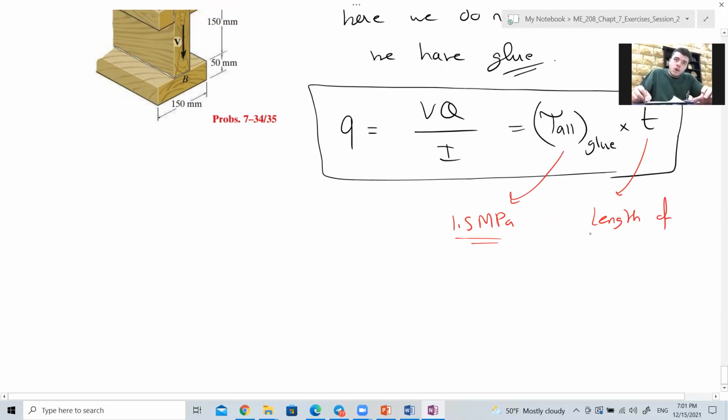It's the length of the glue on the cross section.